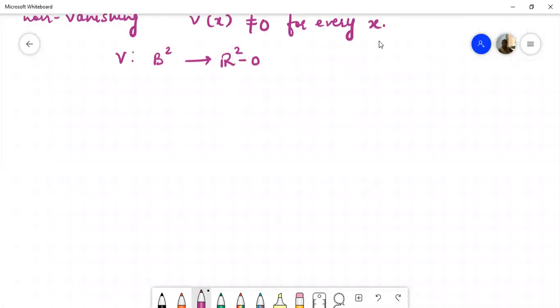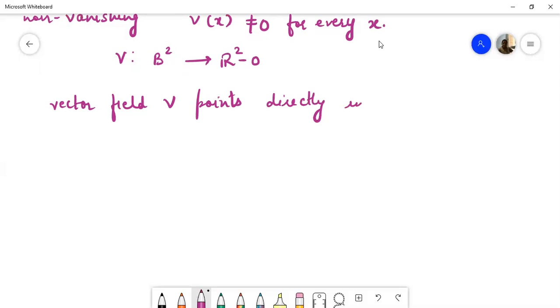Now, if we take this vector field V, we say that the vector field V points directly inwards at a point of S1, or there is a point of S1 where this vector field points directly inward. What does that mean? The vector field V points directly inwards at a point, let us say x in S1, if Vx is a negative multiple of x.